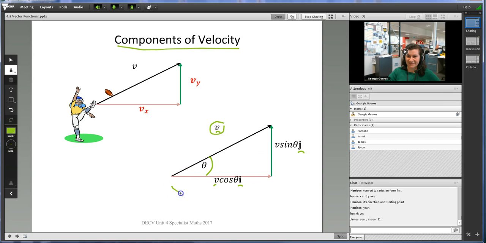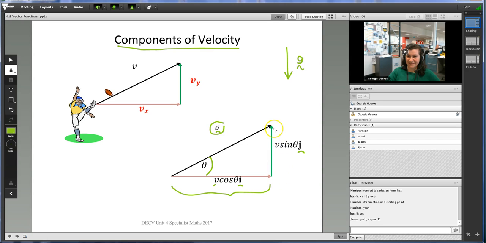Because the horizontal component will remain constant throughout the projectile motion of this object, but the vertical component will change under the influence of gravity.